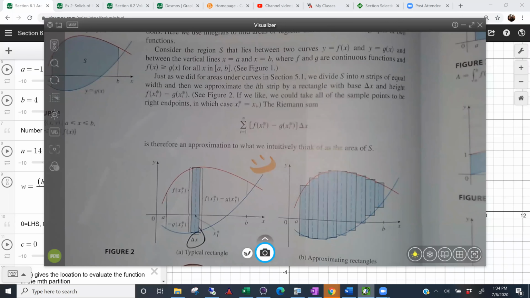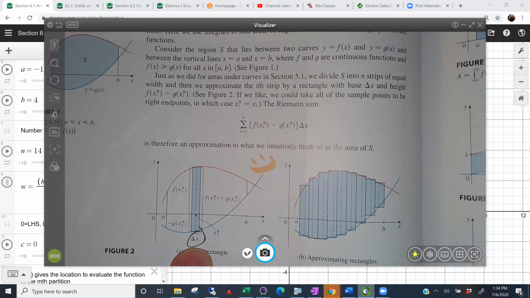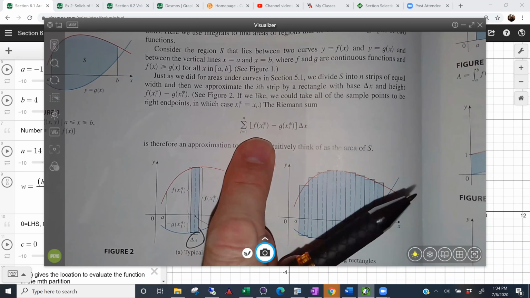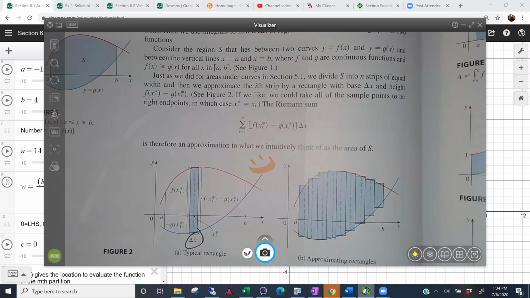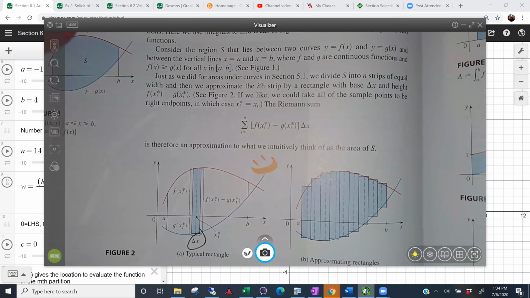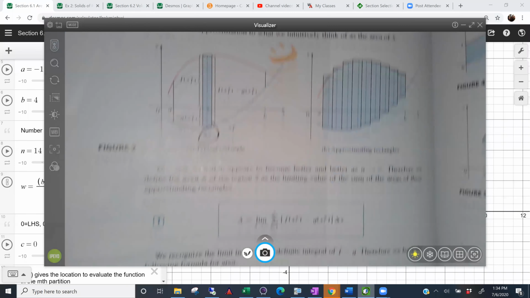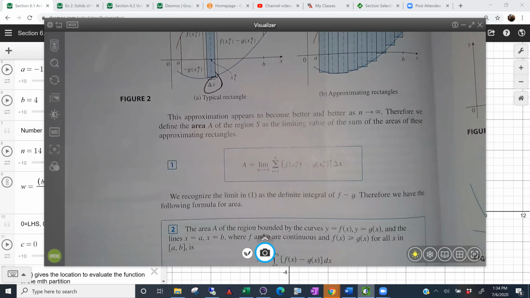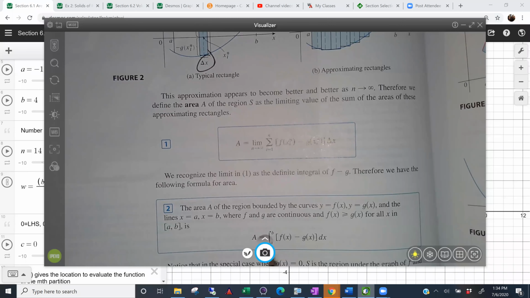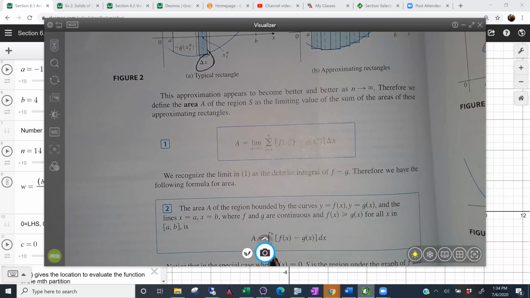Now that width is going to become a dx as we take the limit. So we're going to sum that up for all these rectangles, but as you increase the number of rectangles, that limit simply becomes an integral. And we're going to integrate from a to b, top function minus bottom function times dx.